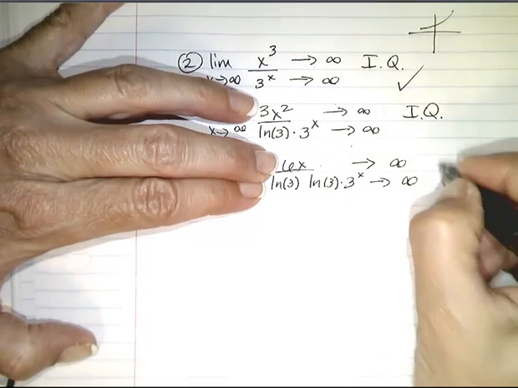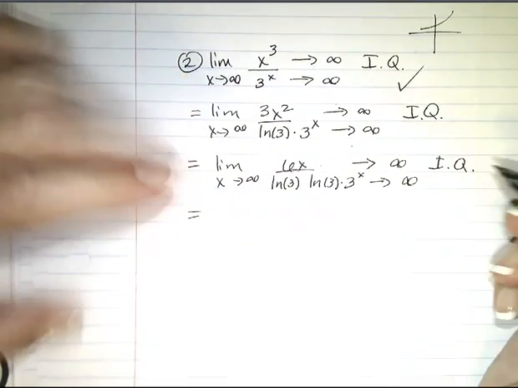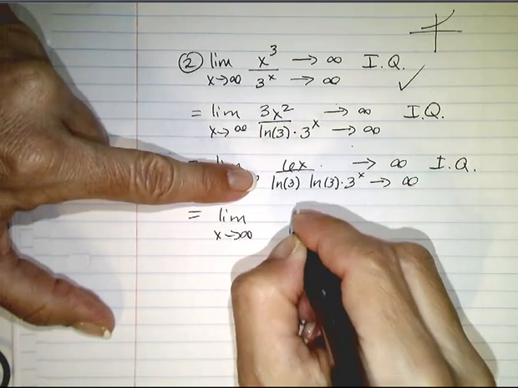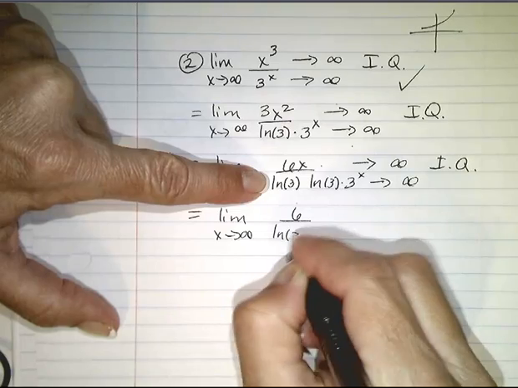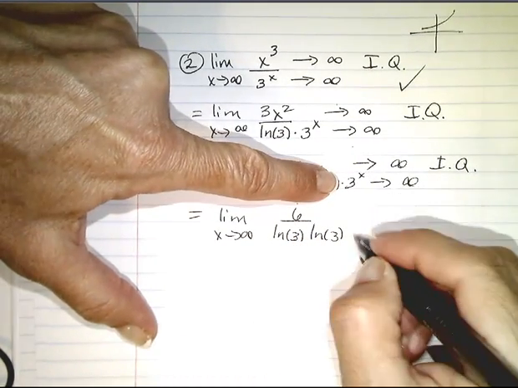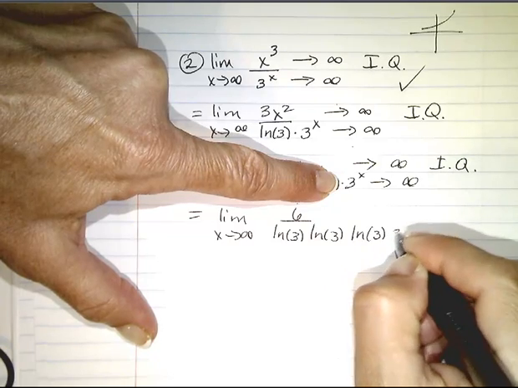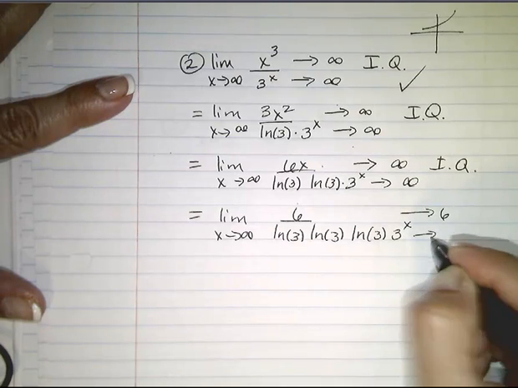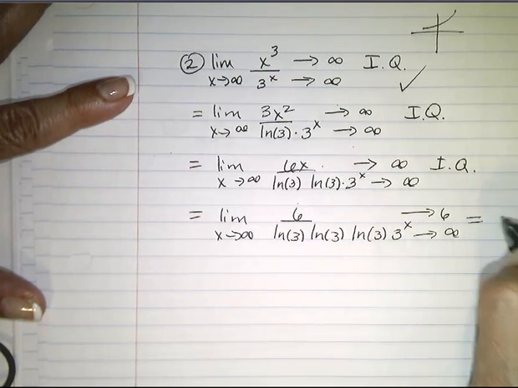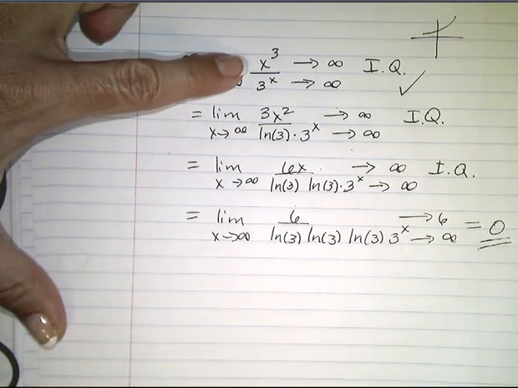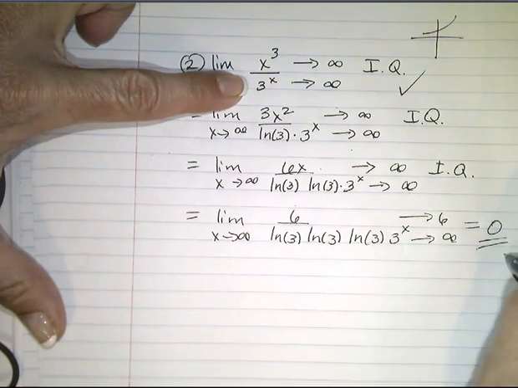We have an indeterminate quotient here, so L'Hopital's rule applies again, and this is equal to the limit as x goes to infinity of 6 over, well, remember my constants come with me, ln of 3, and then the derivative of 3 to the x is ln of 3 times 3 to the x. This time the top goes to 6, the bottom goes to infinity, and so now I have an answer. The limit as x goes to infinity of x cubed over 3 to the x is 0.